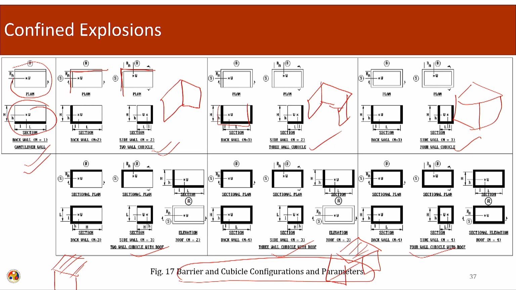Depending upon this configuration, it may be considered as fully vented or fully confined, depending upon how much we are allowing the pressure and the gases of the explosion to come out of the system. So this case is the most critical one, because this is the fully confined region.